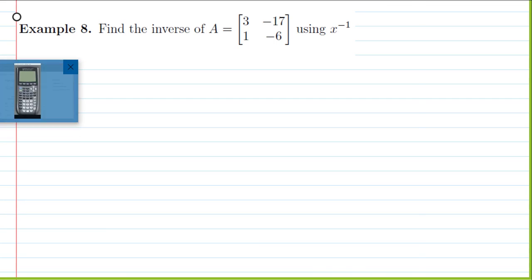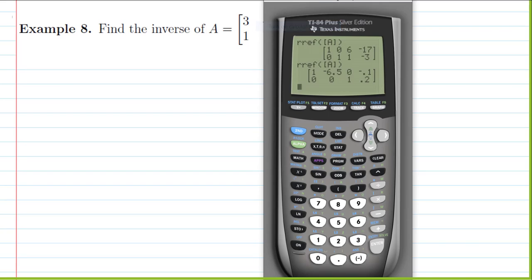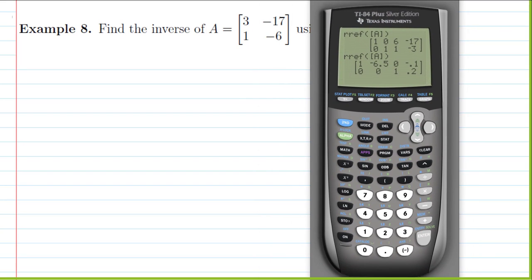Well, let's go ahead and do it again. So the first thing we need to do is put in our matrix A. To put in our matrix A, we go over to edit. This time it's going to be a 2 by 2 matrix. So we go 3, negative 17, 1, and negative 6.